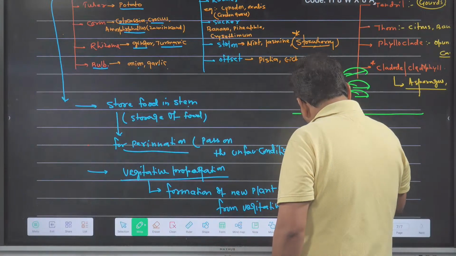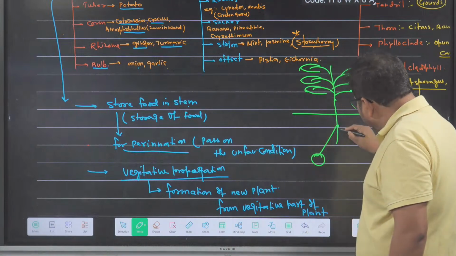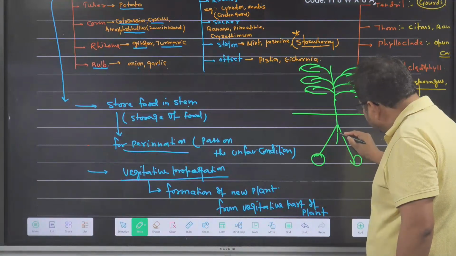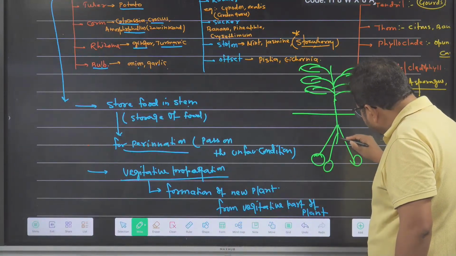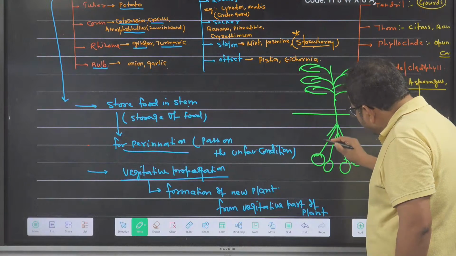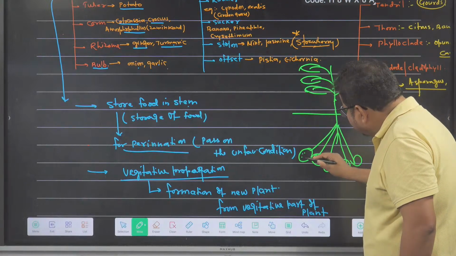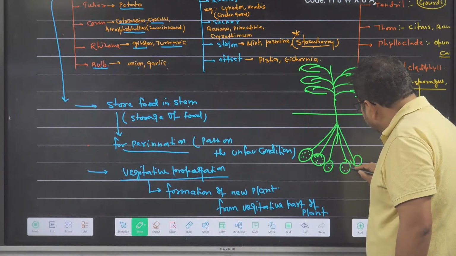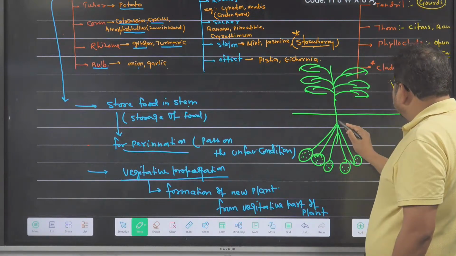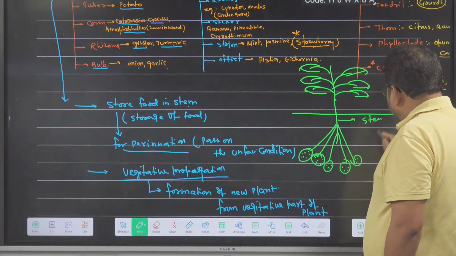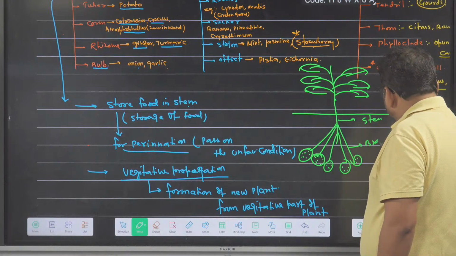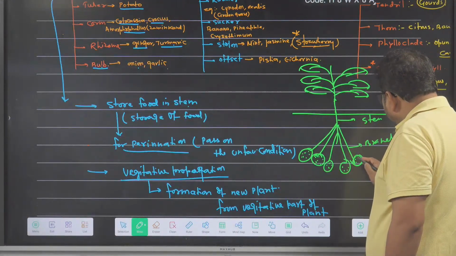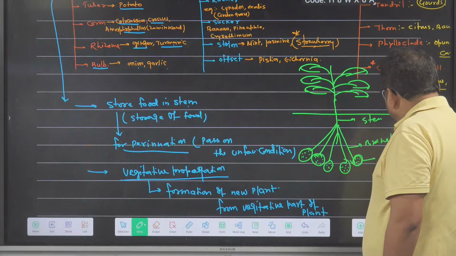Some of the branches of the stem grow like this, and at the tip of the branches it gets swollen. So this is the stem, these are branches, and this is the swollen terminal end. That is called the potato tuber.